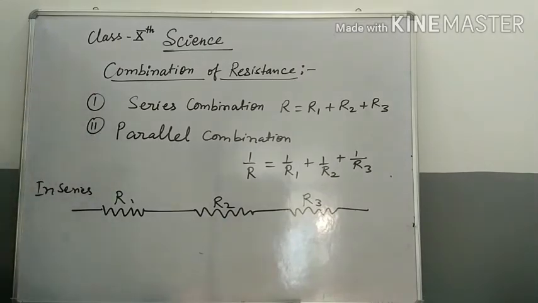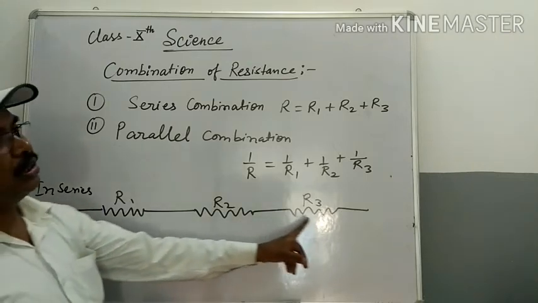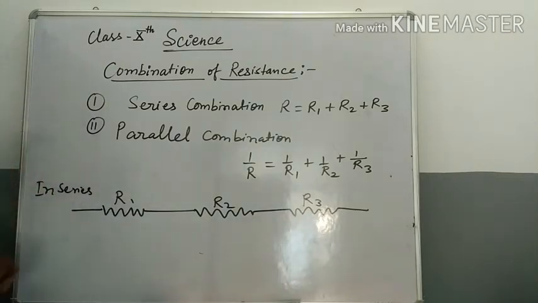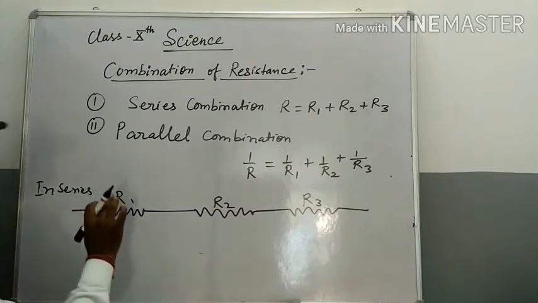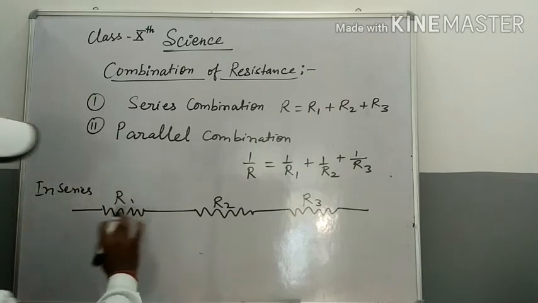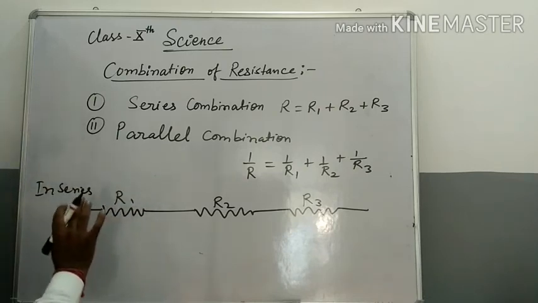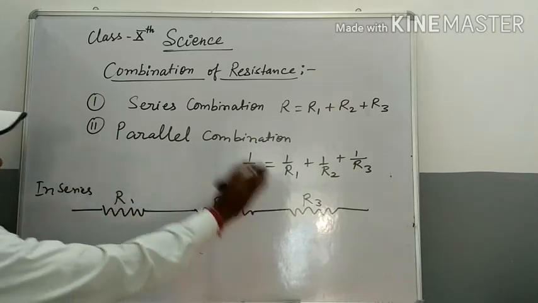Students, in series combination, the current flowing through the resistances is the same, and the total voltage across the combination is equal to the sum of the voltage drops across the individual resistances.